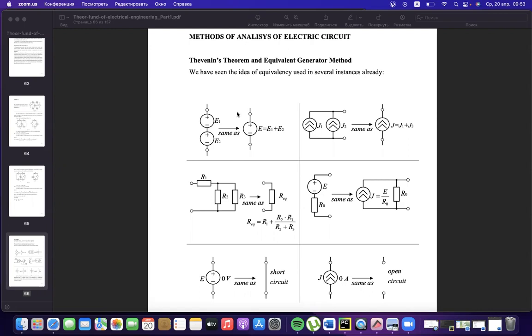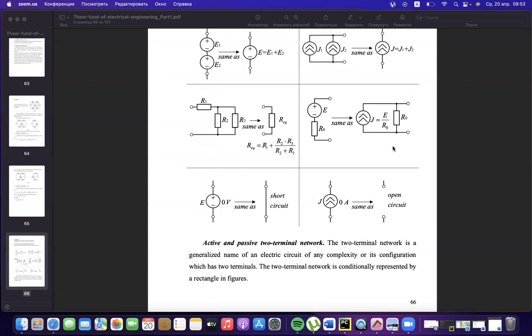Previously in our lectures, we saw a couple of transformation ideas: instead of two serial electromotive forces, you could substitute a single electromotive force as the sum of these two values. Instead of parallel current sources, you also could substitute only one current source as a superposition of them.